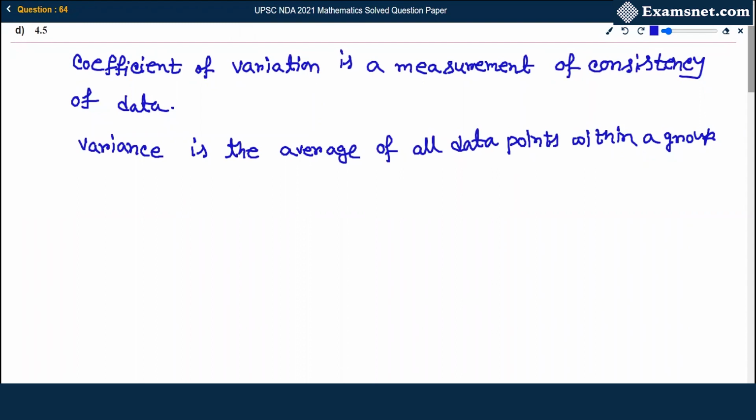Now I will show you the formula, I mean the relationship between them.